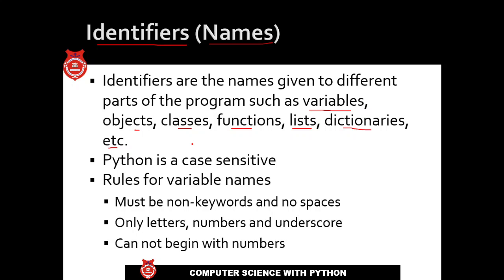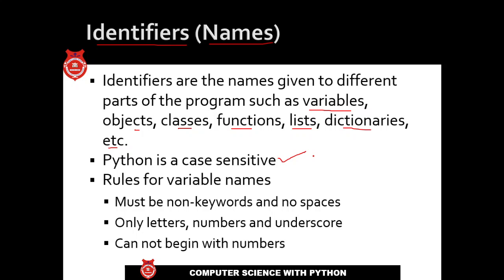When you want to store something in Python programming, you have to create some space inside the memory. That space needs to be named. Then you have to give the name for that memory space, and it is known as identifier names or variable names.